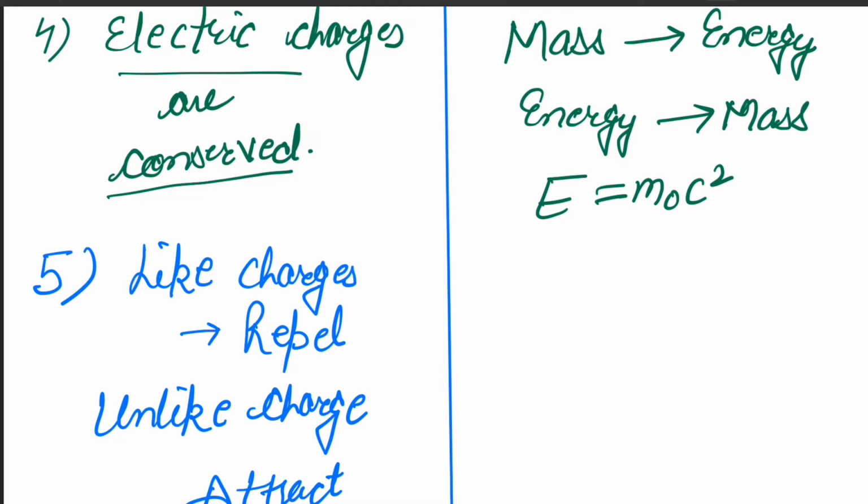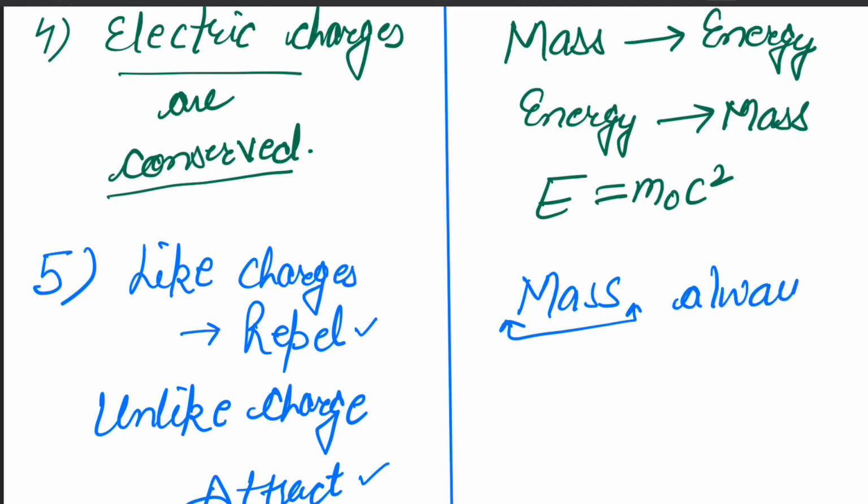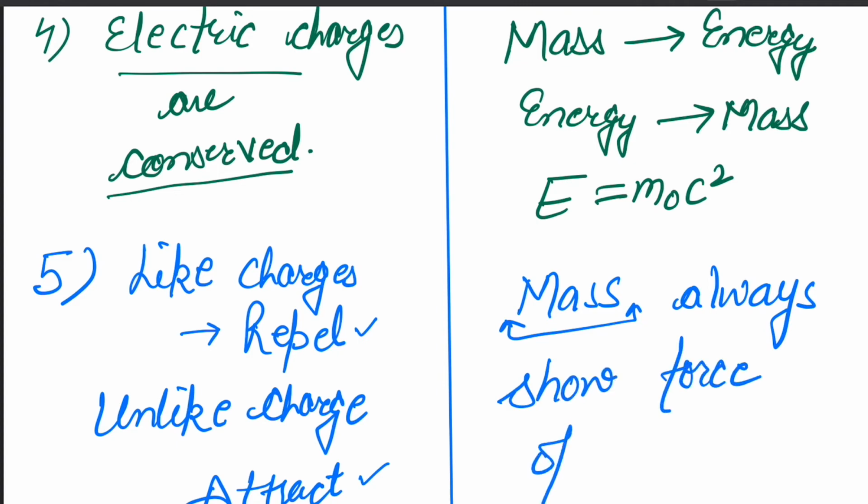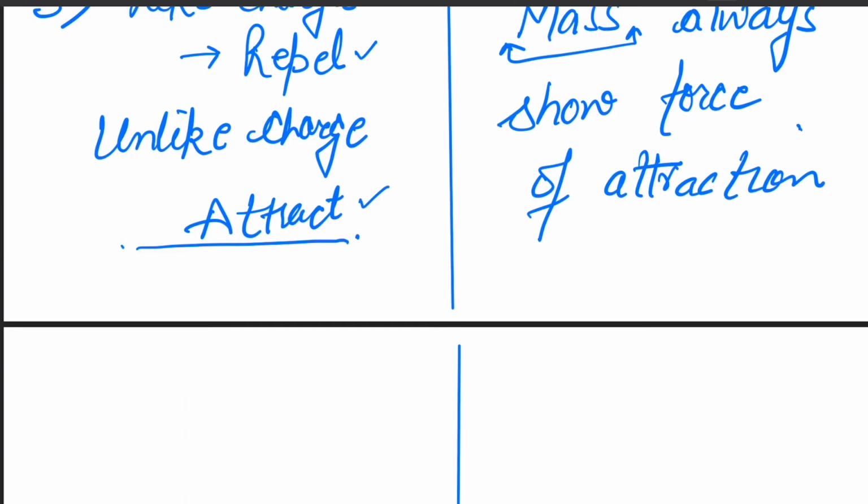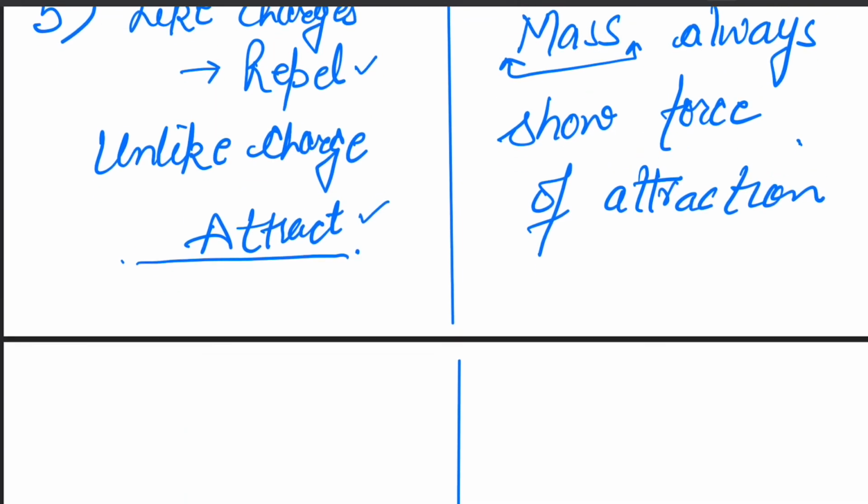Means two type of forces are there. One is the repulsion force and another one is the attraction force. But mass always show force of attraction. Mass always show force of attraction. There is no force of repulsion.